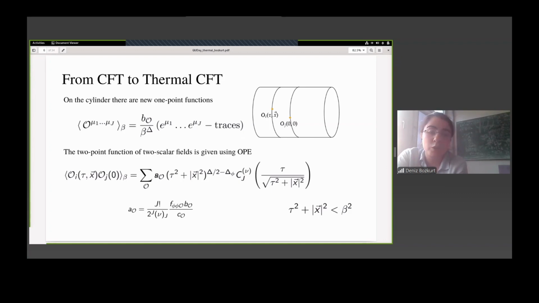We always have the OPE coefficients, which include the 3-point functions, the 1-point function, and the coefficients of the 2-point function at zero temperature. And then the rest I will refer to as the thermal conformal blocks. It is this factor and the Gegenbauer polynomial next to it, depending on the spin and the dimension of the operator that appears in the expansion.